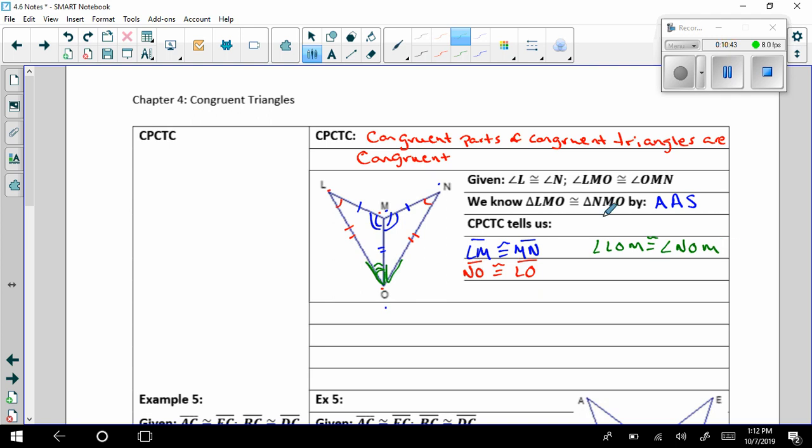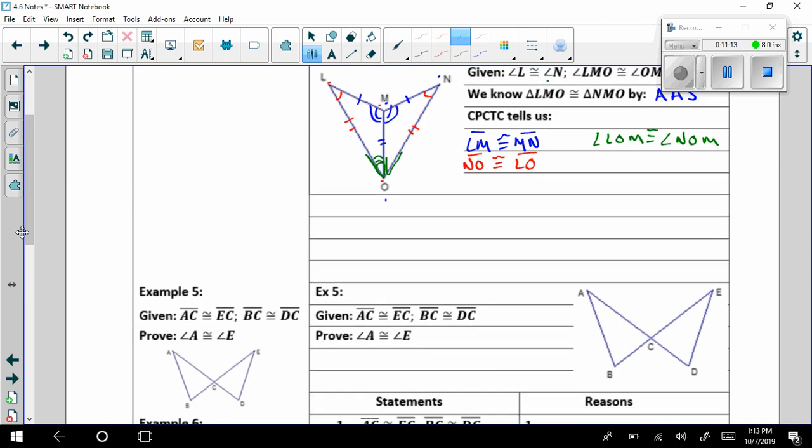And I think that's all we didn't know. So we have 1, 2, 3 angles and 3 sides. Okay. So the purpose is that you can know for certain that other things are congruent, and that helps you set up problems and solve them if you can first prove that the 2 triangles are congruent with what you have to begin with.